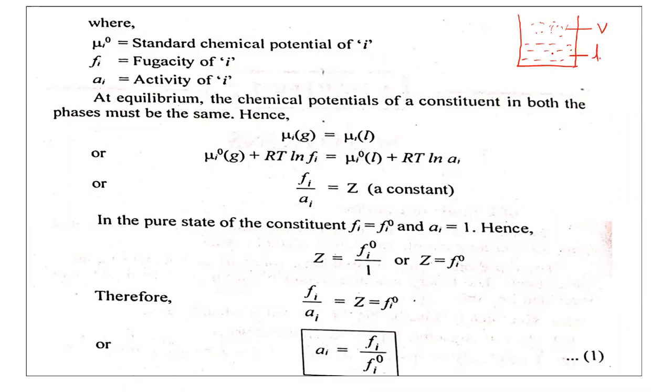Suppose you take water here, water has a tendency to go into the vapor state, so there are some vapors here, and those vapors create the vapor pressure. So at equilibrium, the chemical potential of the constituent in both phases must be the same. It means the chemical potential of the liquid phase becomes equal to the chemical potential of the gas phase. We can write it in this way, at equilibrium.